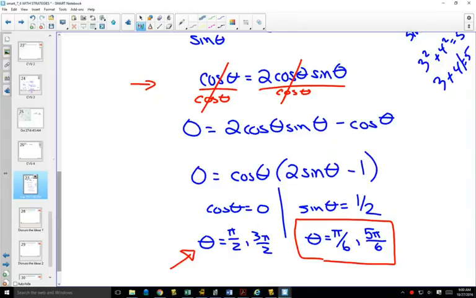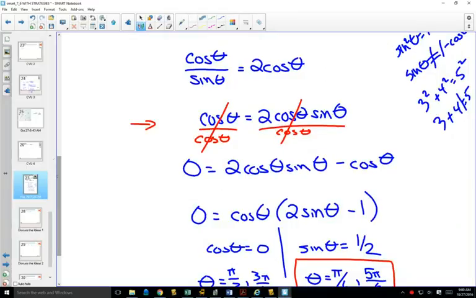And the reason for that is, if we look at the blue at this point right here, can you see just visually that if cos is 0, it's going to work? Because this side's going to be 0, and that side's going to be 0. So the danger right here, because cos can be 0, the reason you're not allowed to divide both sides by cos is because you're dividing by possibly 0, and that's not allowed.